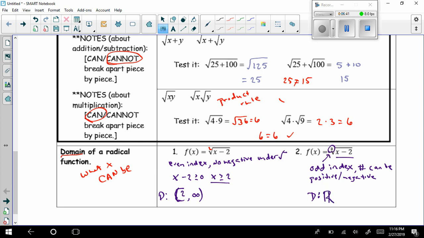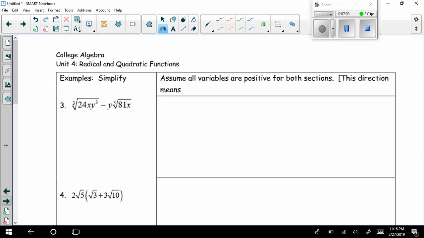We don't care what that x value is as long as it's a real value. We could plug it in, we could get a cube root, excuse me, or fifth root or whatever the odd number is that you're taking the root of. Okay, so even indexes, you should actually have a domain of some sort. Odd, all real numbers.